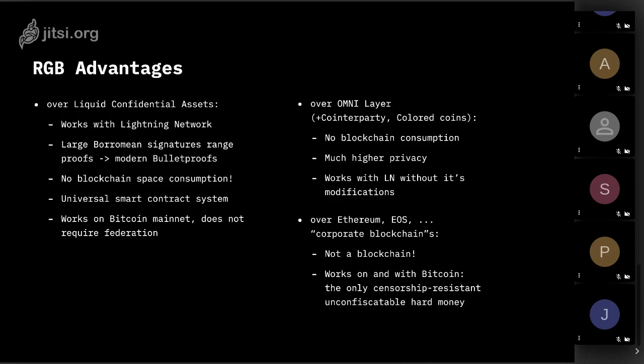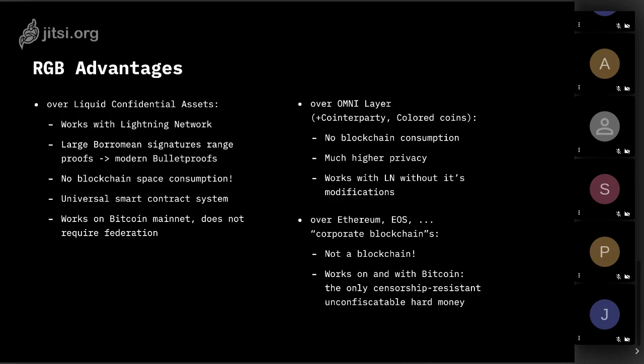Compared to Omni Layer and others like Counterparty, colored coins on Bitcoin protocol, we don't use blockchain space at all. They do. We have a much higher privacy and confidentiality level, and we work with Lightning Network without modification of the Lightning Network standard structure, and that's quite an important part of the story.